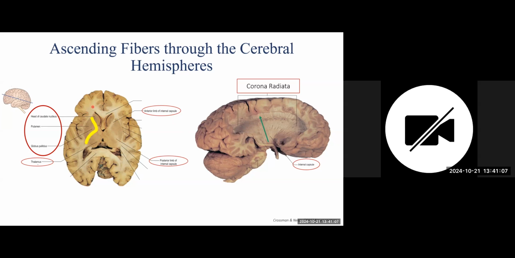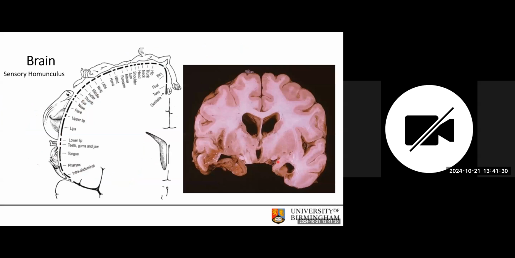So for example, here, it's taking the information from one side of the brain to the other side of the brain through this structure. And here as well, it's taking the information ascending or descending. It's just where the information will be traveling through. And you will need to read about this later on as well.